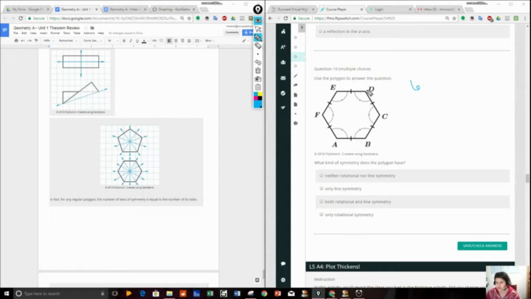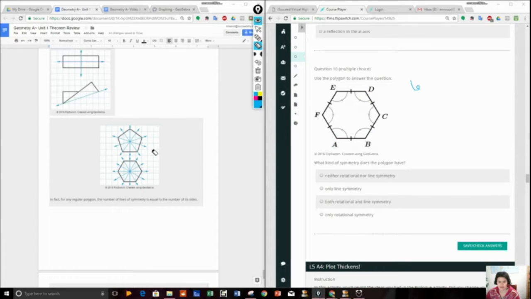So if I drew a line through the vertex D, and could keep it straight, there's a line of symmetry, and you could do that for each vertex.